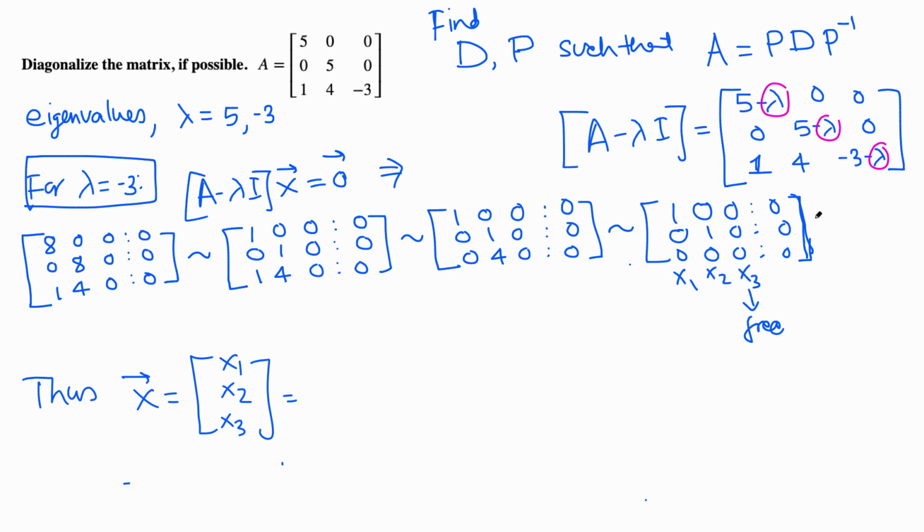So it's pretty simple here. x3 is free. From the second row we get 1x2, so x2 equals 0. From the first row we get 1x1 equals 0. We get these two things, and x3 is free.